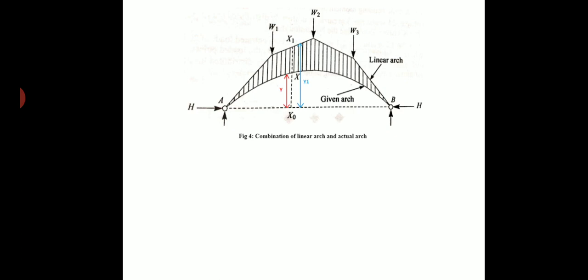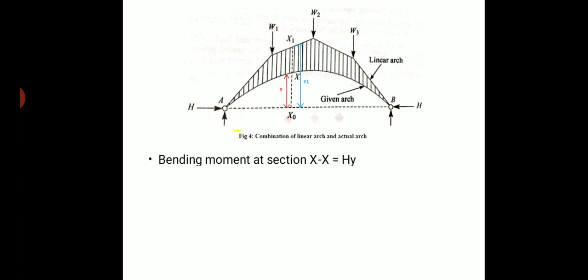So I need to find out what would be the bending moment in case of the actual arch. So I can just take the bending moment at the section x naught, that is for the actual arch. If I want to find out the bending moment in case of the actual arch at the section x naught, then it would be equal to the horizontal reaction into the y.